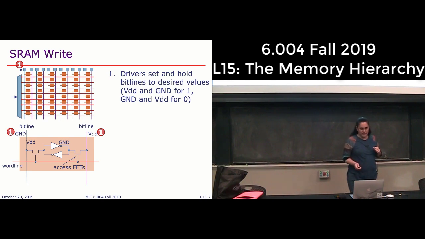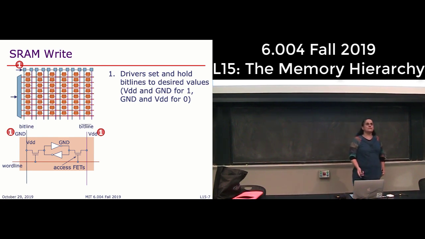Okay? So if you see over here, initially my cell has a VDD, or a 1, on this side of the inverters, and it has a 0 on this side of the inverters. And I want to now flip that. Right? So I'm going to try to write a 0 on my bit line and a 1 on my bit line bar. Okay?